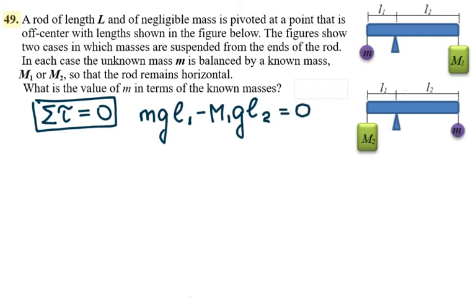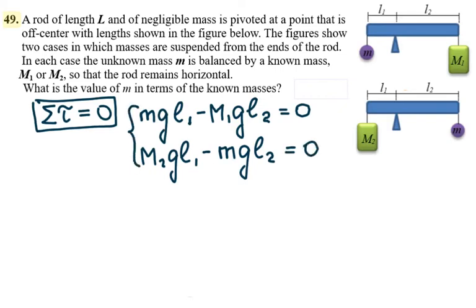For the bottom picture, again, I have m2g. The distance is L1. And I have negative mg. The distance is L2. And it equals 0. So I'm going to solve one of the equations for L1, the top equation.